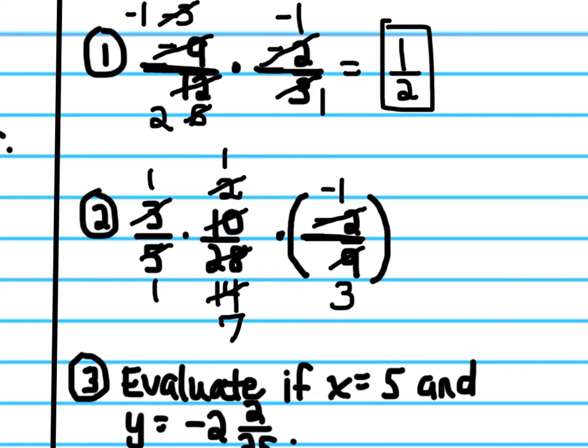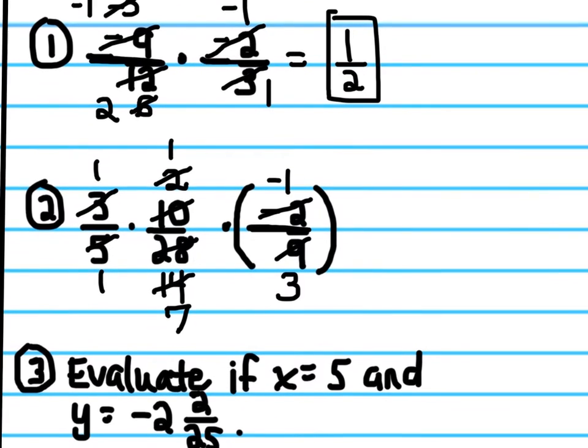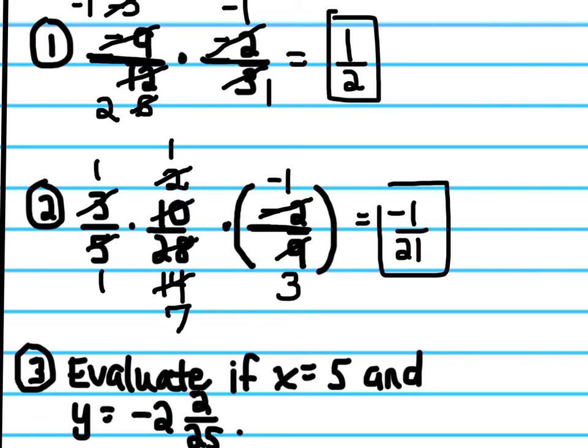I divided both by 2. Now we're done cross-canceling, so you multiply all 3 numbers on the top and all 3 numbers on the bottom. The numerator is negative 1 and the denominator is 21. You box your answer. That's it.